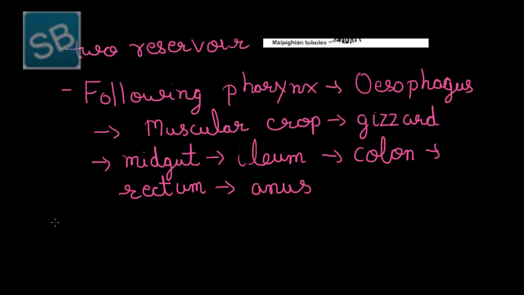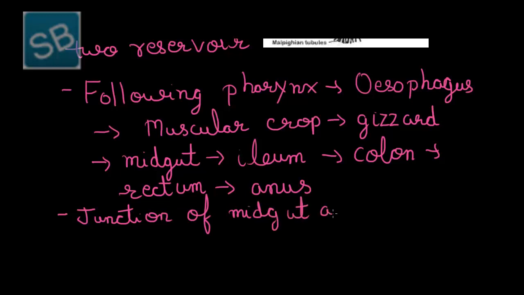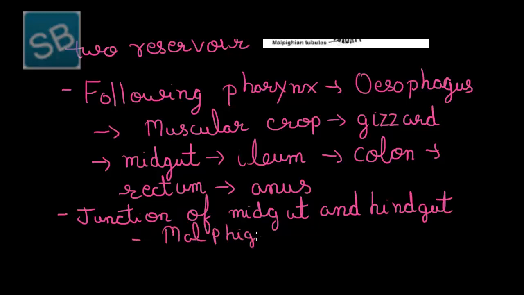At the junction of midgut and hindgut, there occur thin, thread-like yellowish structures known as Malpighian tubules, which are the structures that are associated with excretion.